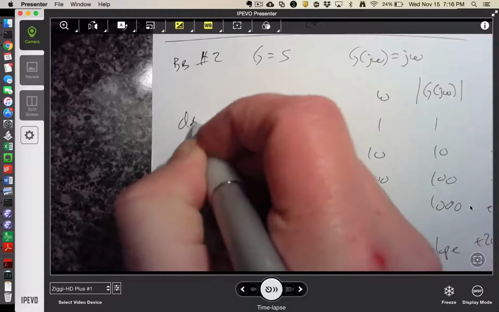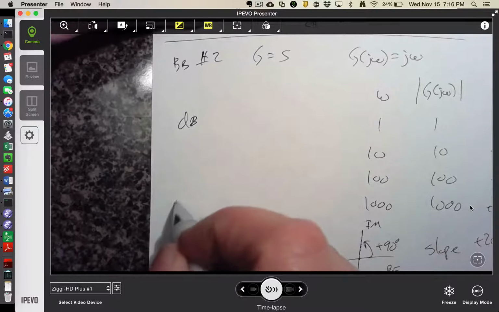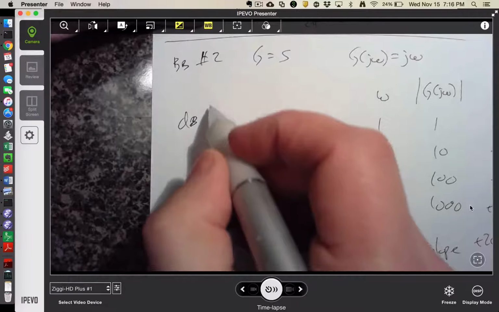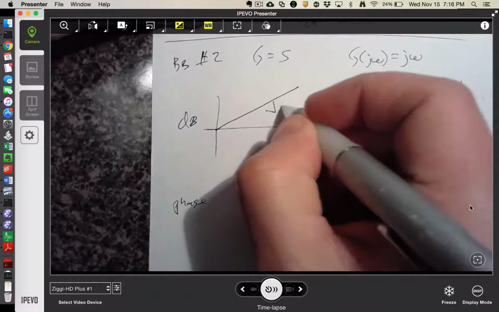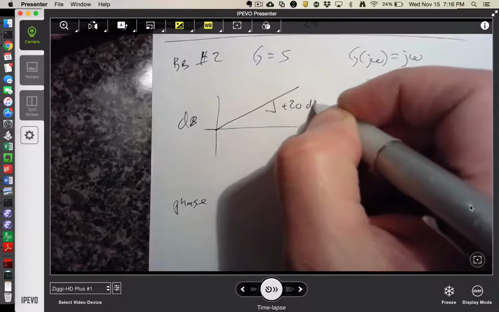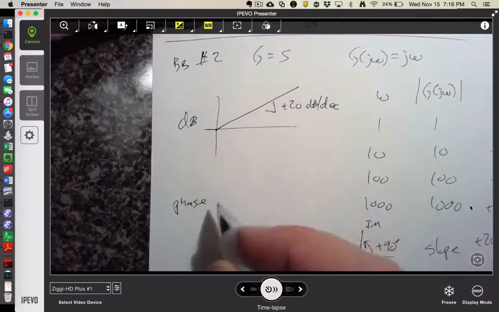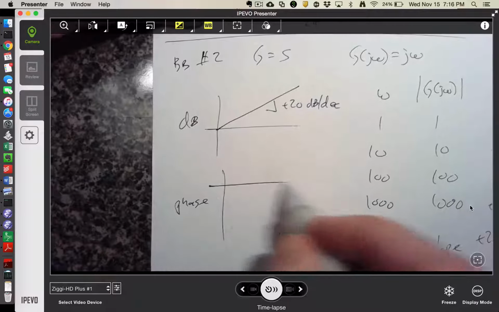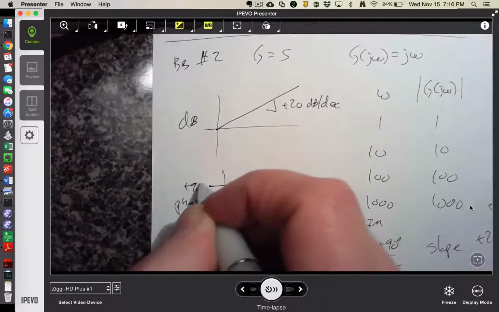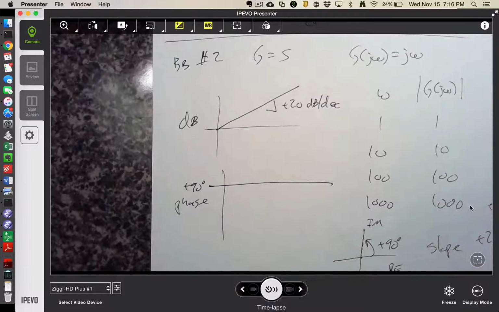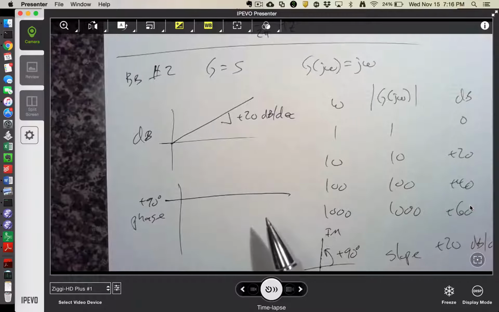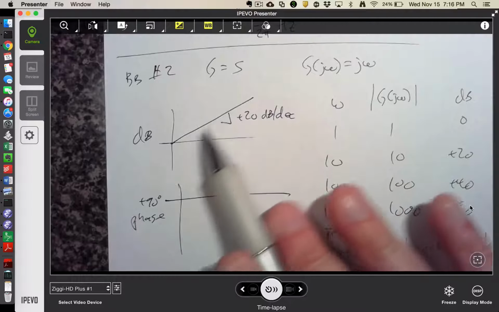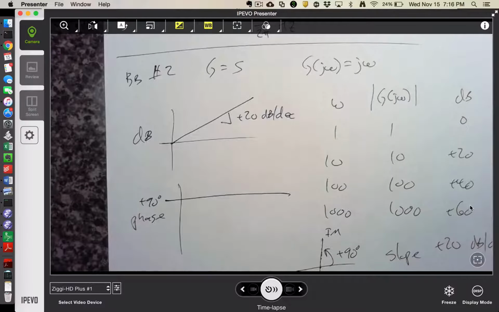So if I had a dB magnitude and a phase for my pure differentiator, it's going to go up with a slope of plus 20 dB per decade, and the phase would just always be a constant plus 90 degrees.